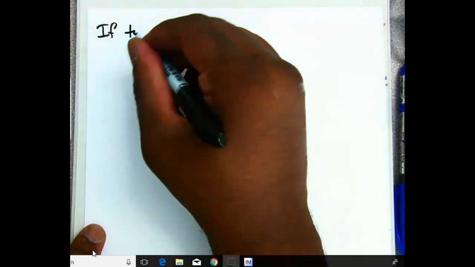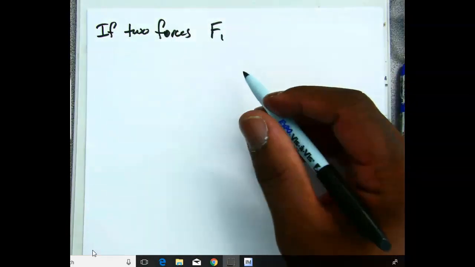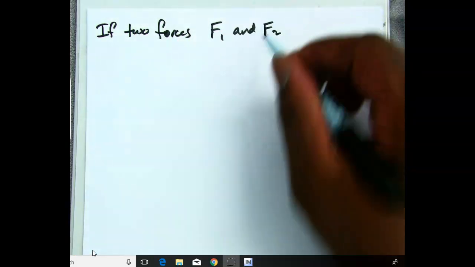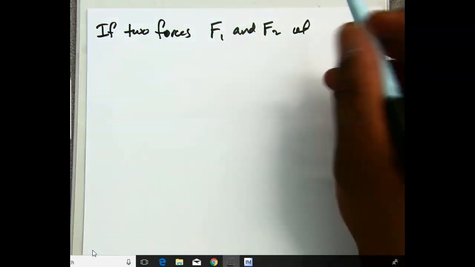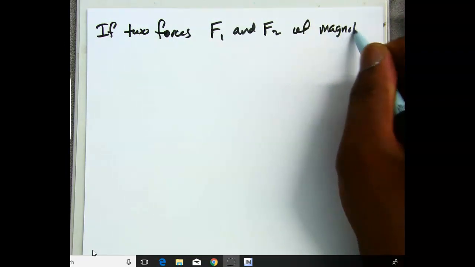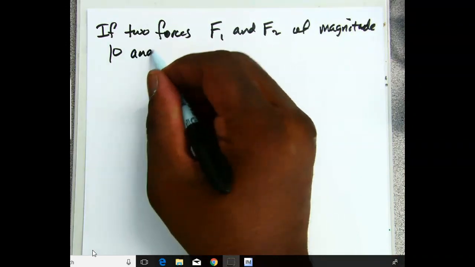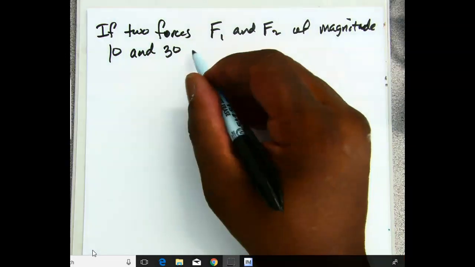And we have two forces, F1 and F2, of magnitude 10 and 30 pounds respectively.